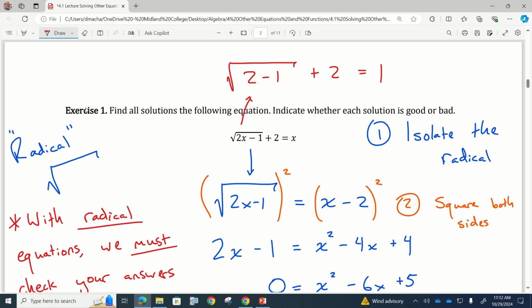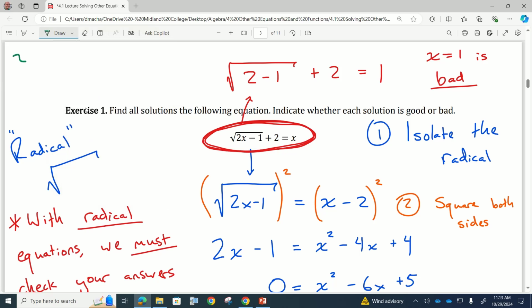No. Because the left side of my equation is equal to 3, the right side of my equation is equal to 1, and that means x equals 1 is a bad solution. There was nothing wrong with the way we found that solution. We didn't make any mistakes. But with radical equations, you can still sometimes find these solutions without making any mistakes at all that don't work with the original equation, right? This is the equation we're trying to solve, and that one clearly just doesn't work.